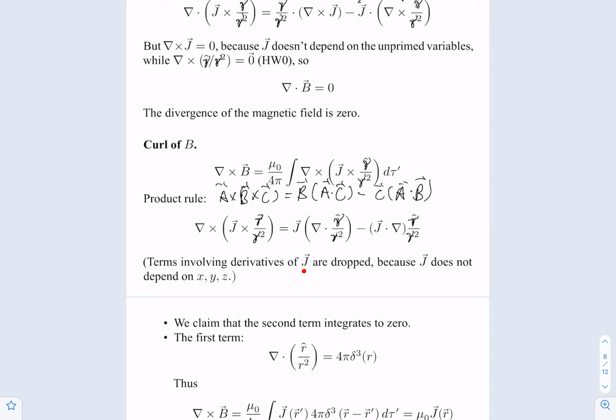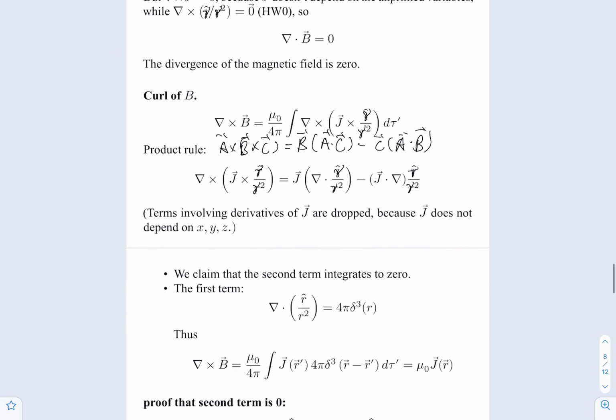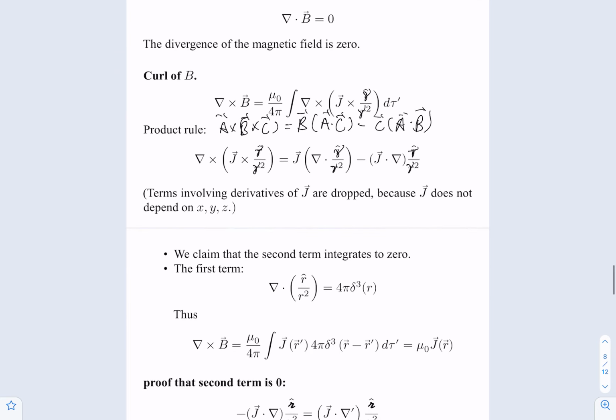So only 2 terms are left, and these 2 terms are the del operator operating on this function of curly r. And now again we have 2 terms here, and the second term is a bit complicated, but for now we claim that this term should go to 0.